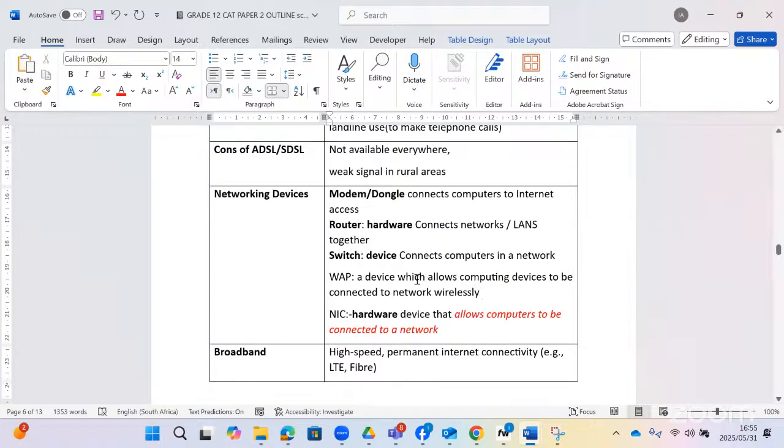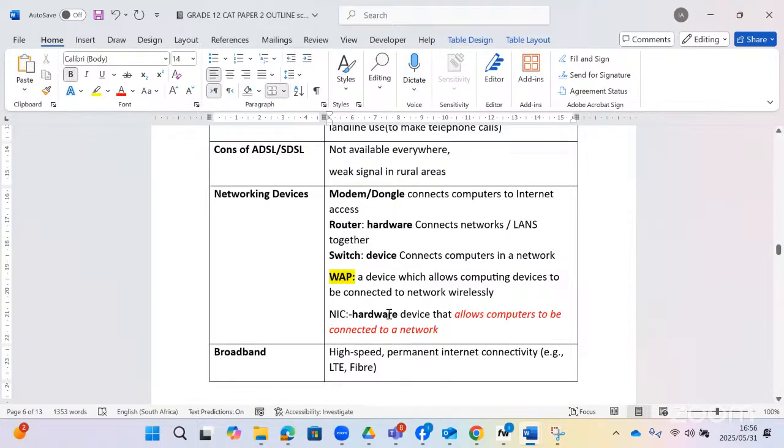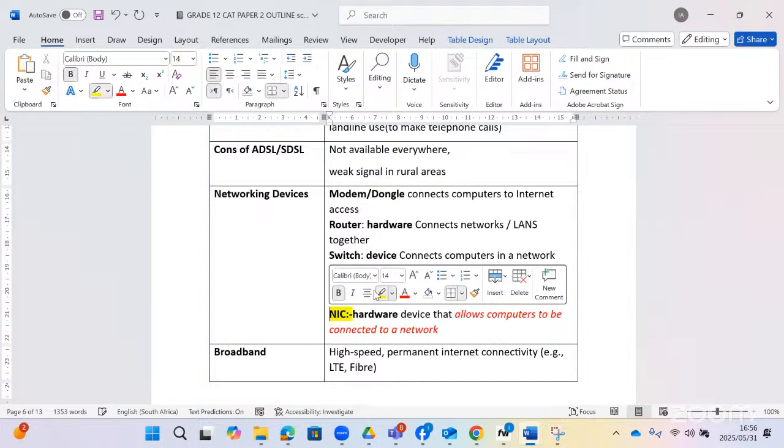So they allow devices to be connected wirelessly. It is the one that allows these Wi-Fi things to work. So that's the access point. We call it the WAP. You must know it as well. Right. These are the network devices that you must know as grade 11 learners, grade 12 learners. You need to know these.